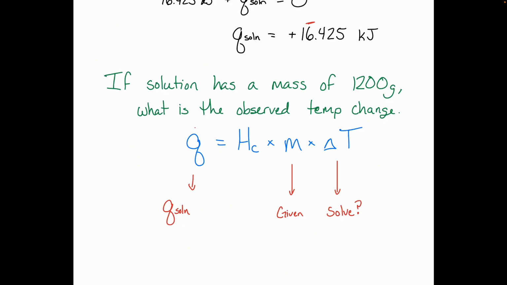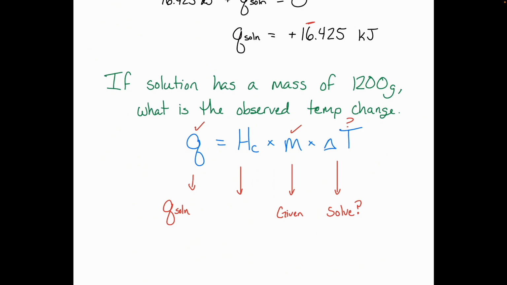All right, so check. We have a Q, we have a mass, we need that delta T, but we're missing one too many variables here. That heat capacity. All right, remember that heat capacity is a constant value. Since we're talking about a solution, and we said that that solution consists of mostly what? Water molecules. So what heat capacity are we going to use? We're going to go to our constants page and we're going to look up that heat capacity for water.